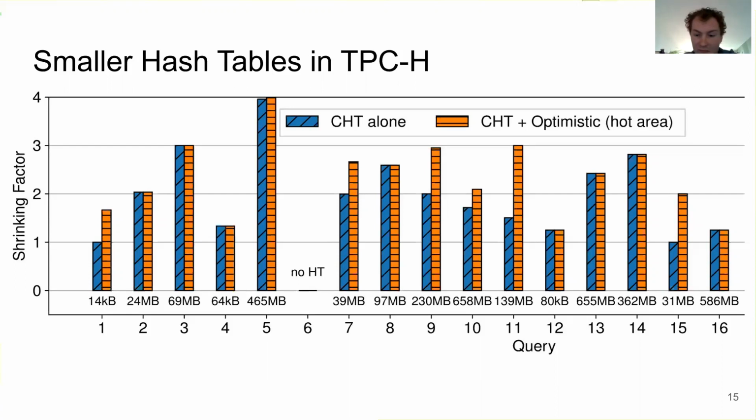So you can run 4 times the amount of queries in the same memory, basically. Or if you look in detail, for compression alone, we see an average shrinking factor of 1.5. If we enable the optimistic splitting, we can push the average shrinking factor to roughly 2.5. So it turns out you can run roughly 2.5 times the amount of queries without risking spilling.